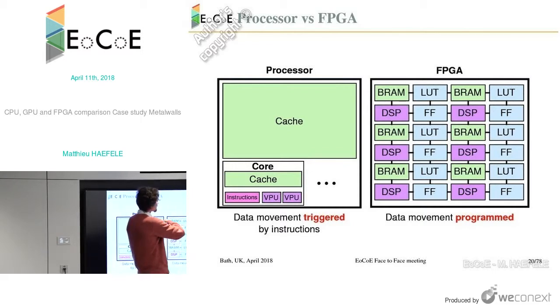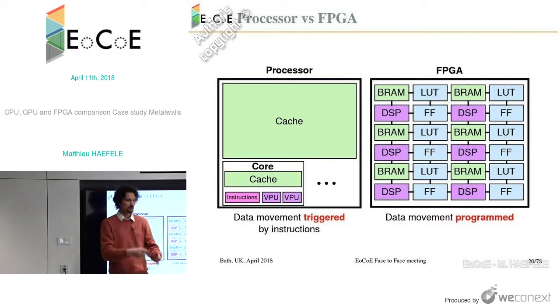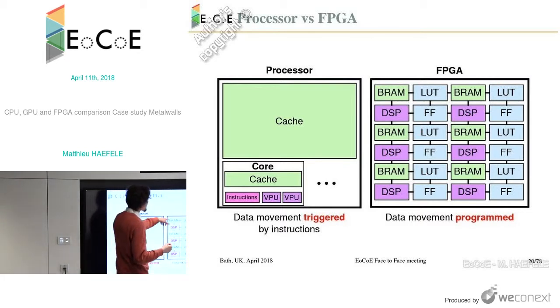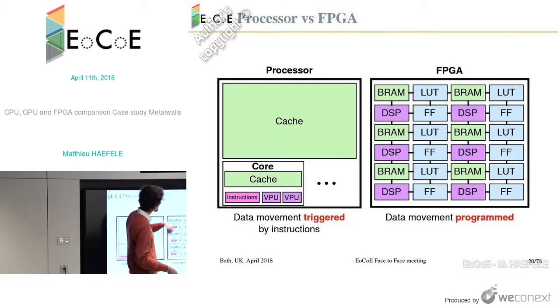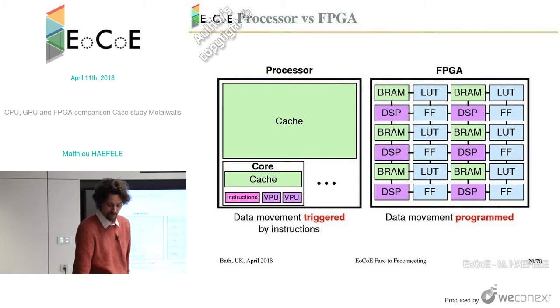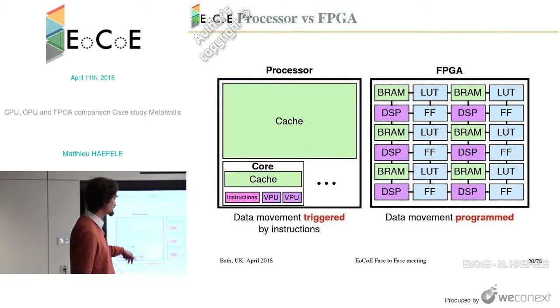But instead of having only LUTs and flip-flops, you have hardwired BRAM and DSP so that it's faster. And what you program is how all these elements are connected. You have your data that flows in here. They will be stored in memory. Then you make a first addition here. They will go through some logic, be stored here, and so on. So you have a path. That's what you program when you program an FPGA. I will show you an example afterwards.